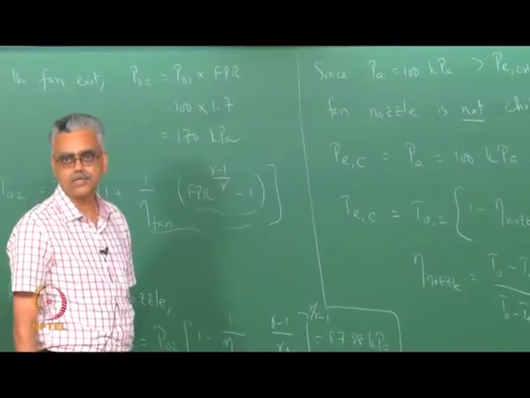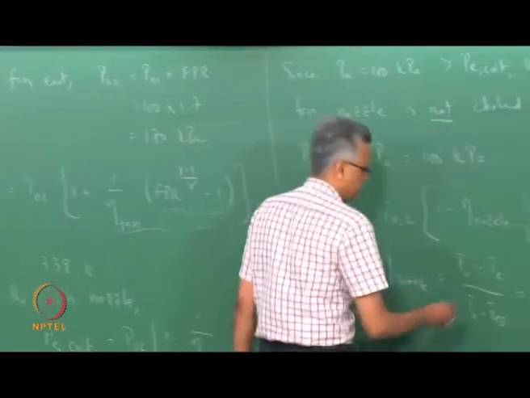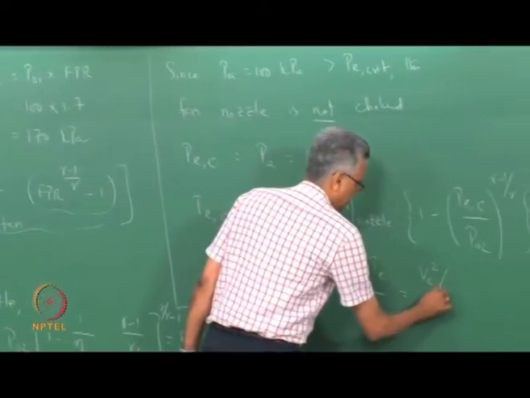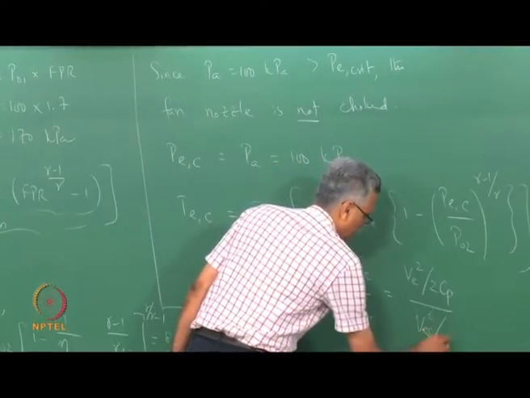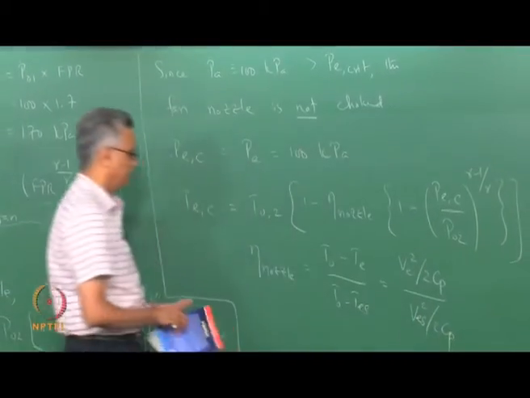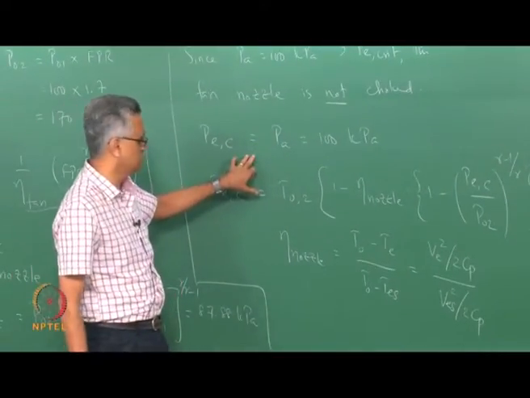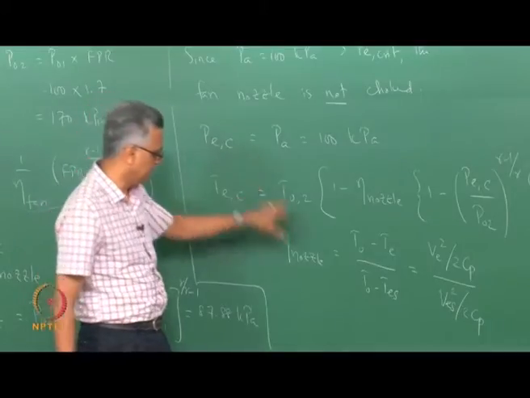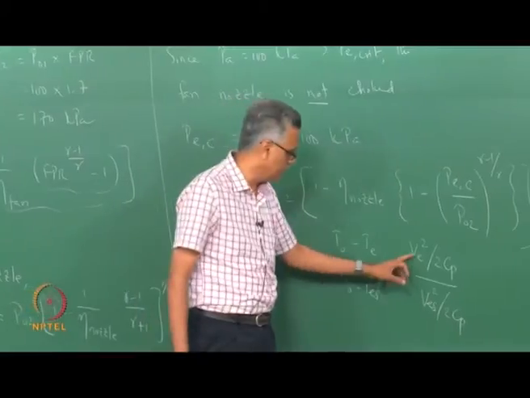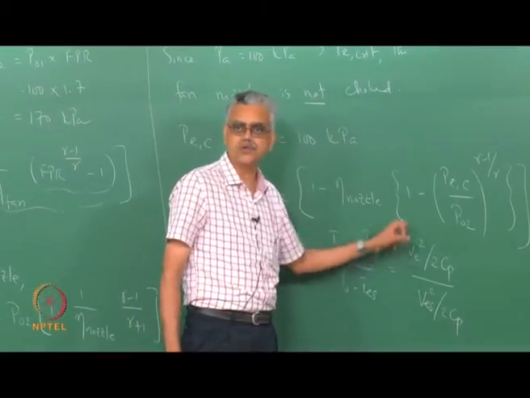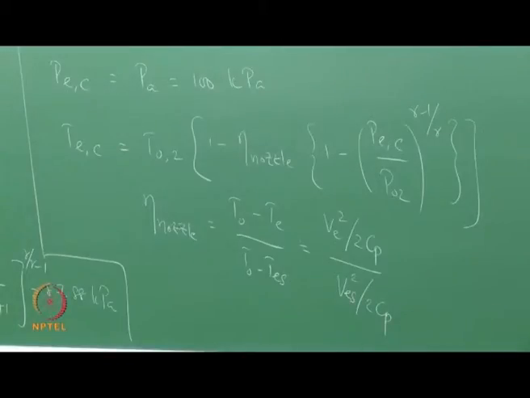This was what we wrote down the expression as, and if you use the definition for stagnation temperature, you can see that this can be written as VE square over 2 Cp divided by VES square over 2 Cp. So once I know my PES, I know T0, I know P0. I can either evaluate TES from this expression, or I can directly evaluate VES square and then VE from this expression, both are okay, and that is what I have done here.